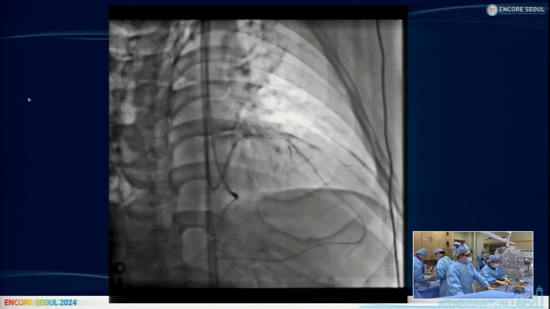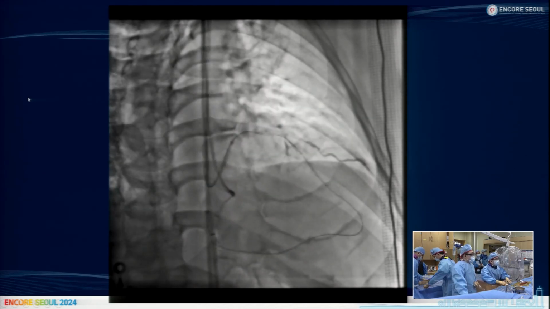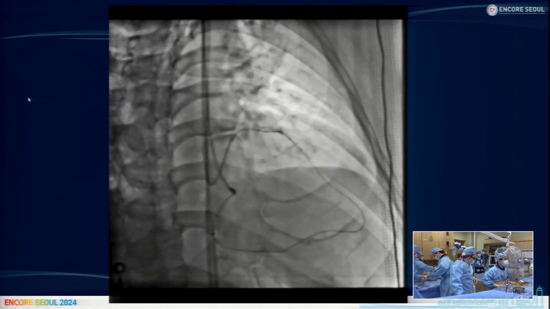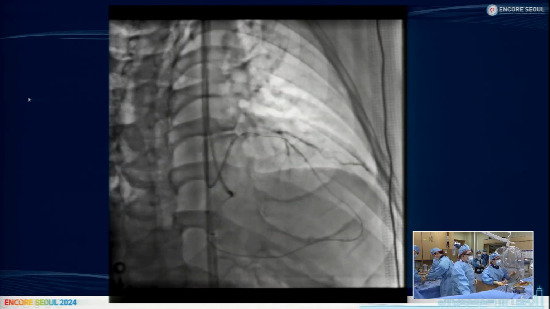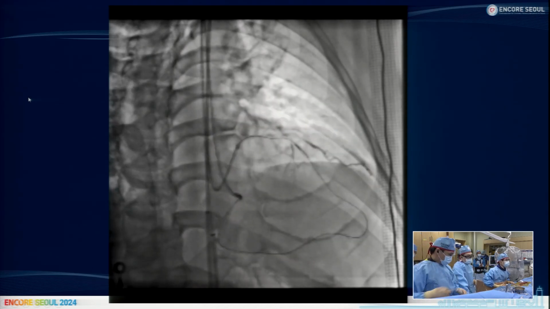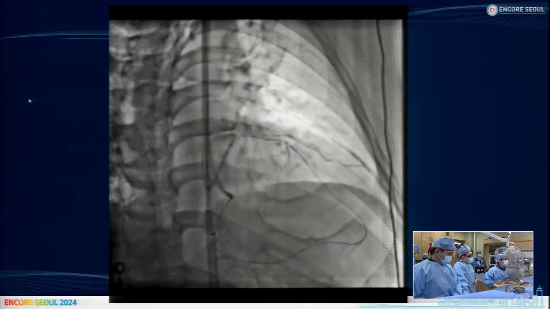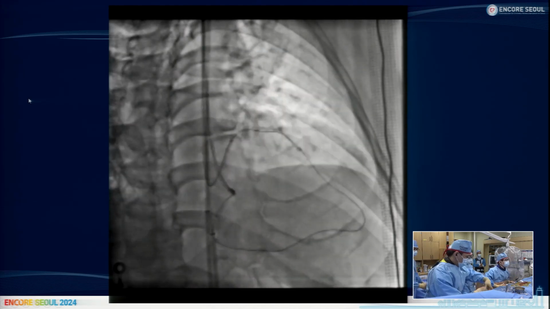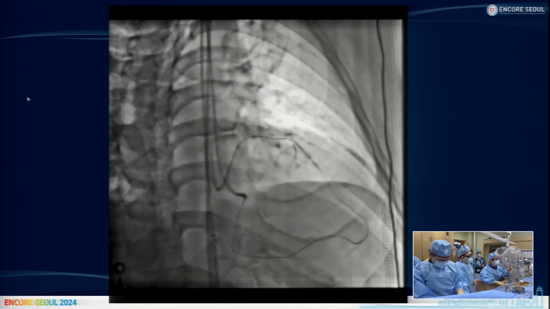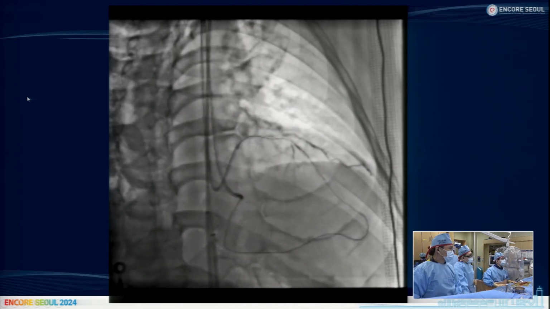Yeah, this is the end image of the previous live demonstration. So I performed the wire reverse CART, the antegrade wire knuckle and advanced, but it was wrong. Thus, we got to know the retrograde tip injection.